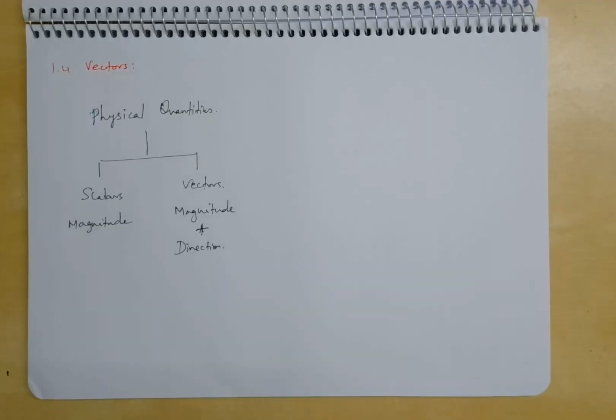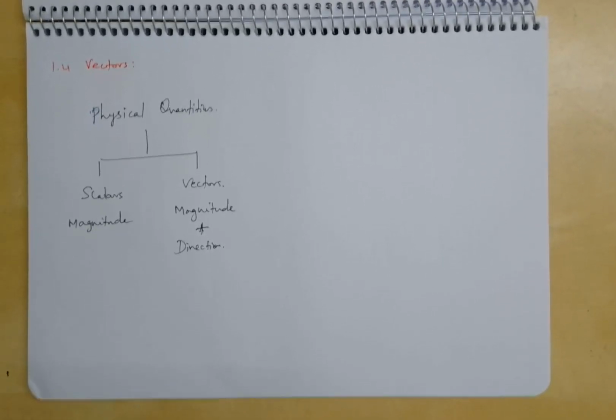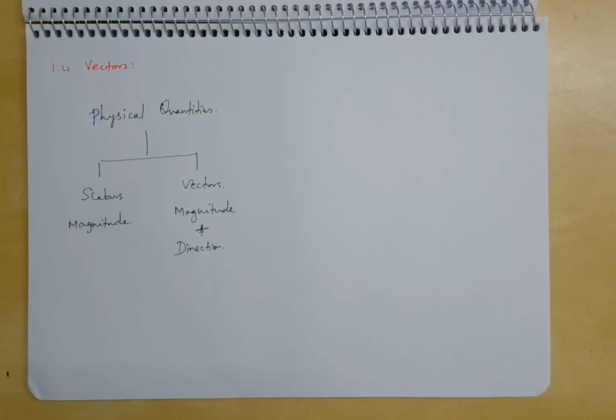This is a very naive definition. The actual mathematical definition is different. We do not need the mathematical definition, but however, I'm going to say it. If you rotate the axes and the components change, then it is a vector. If it doesn't change, then it is a scalar. We do not need that, but in case someone in the future is studying an engineering course and comes across it, you can use this line.